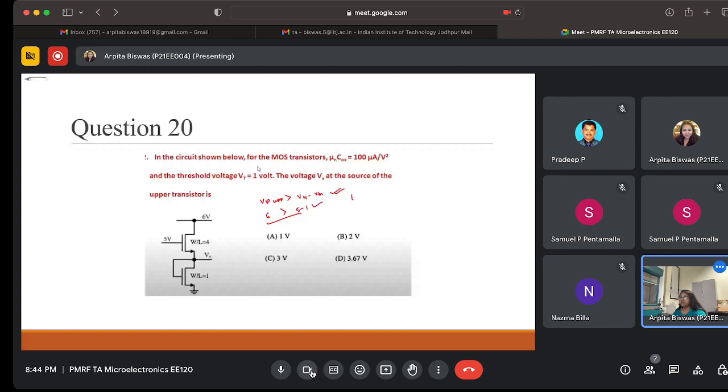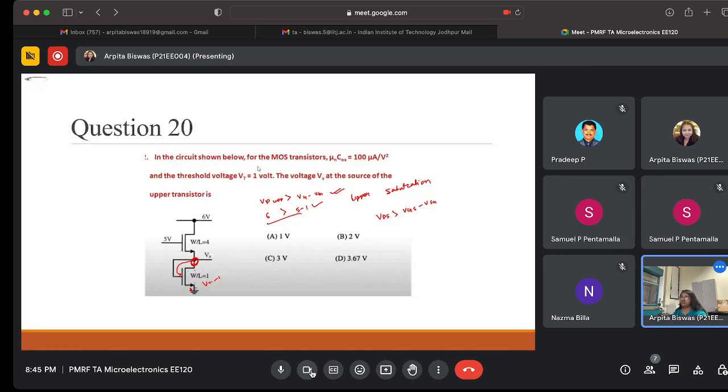and the lower one is also saturation, because here also the VD is greater than VGS minus VTH, because here these two are short and this is 0 ground. So VD is always greater, and here the VT is 1.